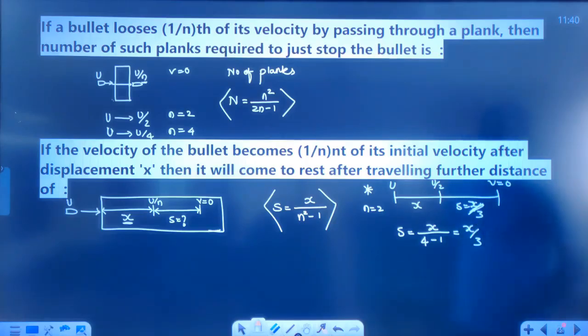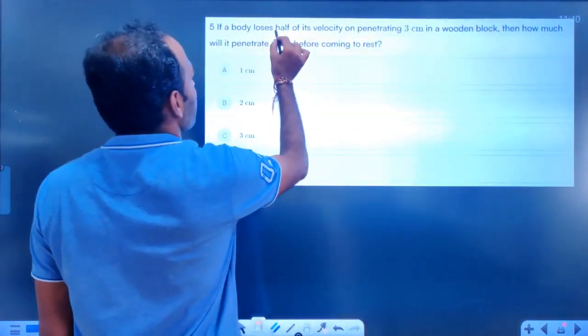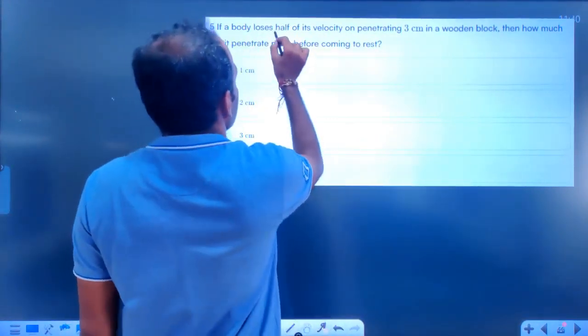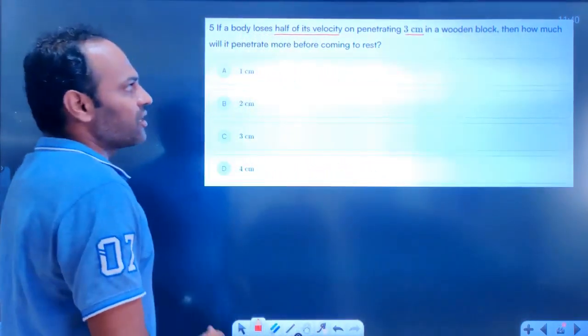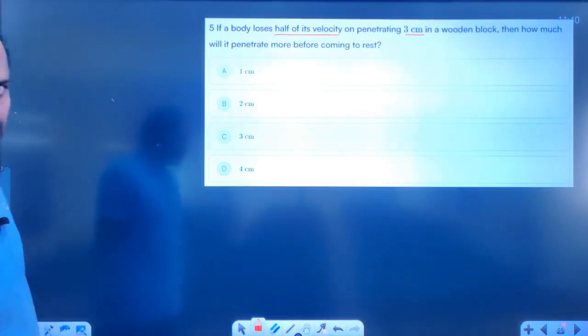Okay, let us see one question on this. If a body loses half of its velocity on penetrating 3 cm in a wooden block, then how much will it penetrate more before coming to rest?